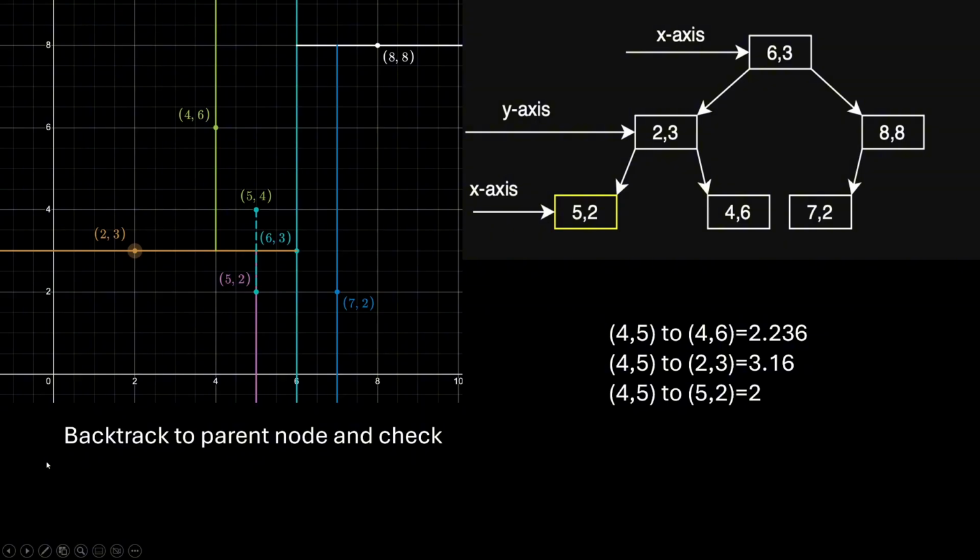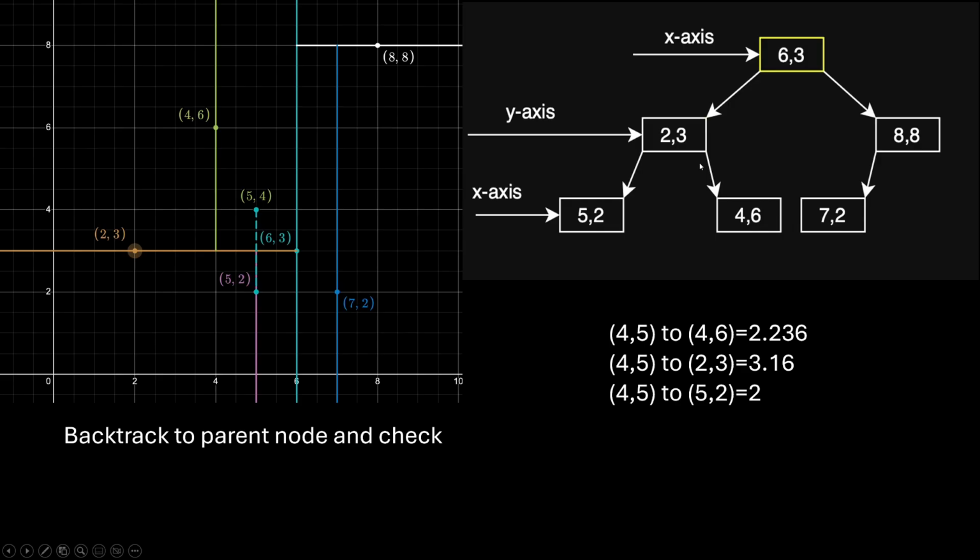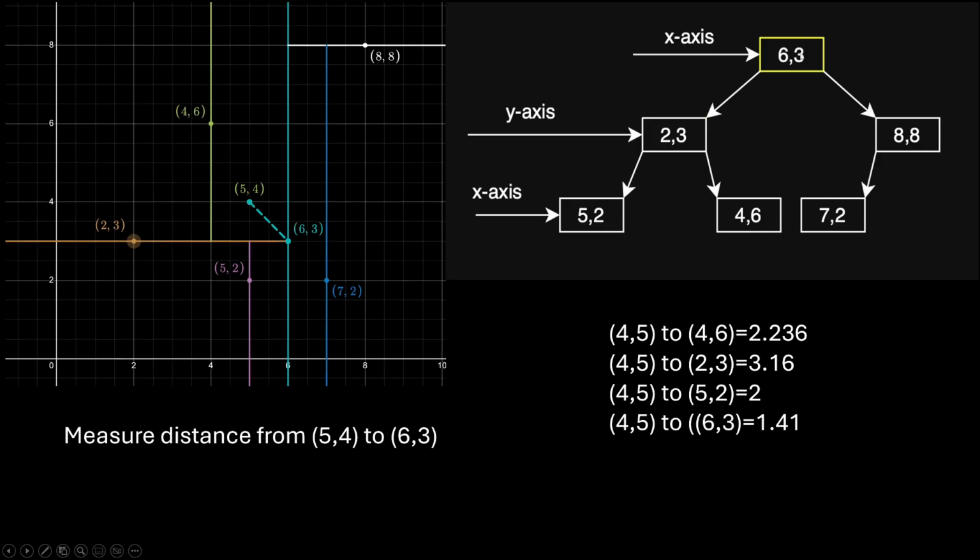Next up, we also repeat the backtrack. We go to 2, 3. Since we already checked 2, 3, we go back to the root node. So we measure the last one, the root node, 5, 4 and 6, 3, and we have the distance of 1.41, which is the best that we found.